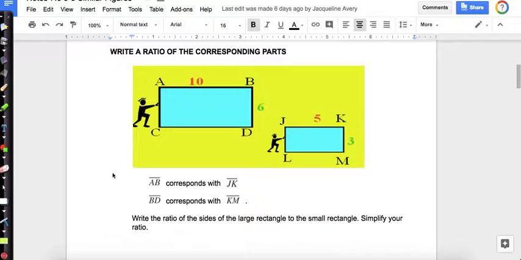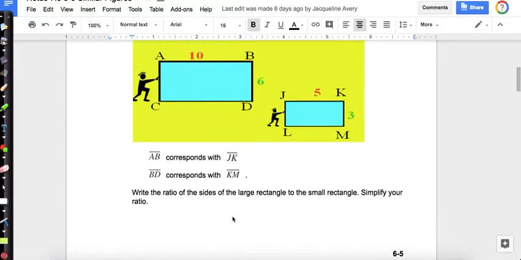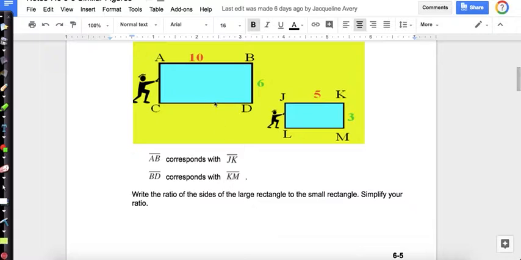This is the same rectangles as above, but now they have numbers. It says AB corresponds with JK and BD corresponds with KM. And it says write the ratio of the sides of the large rectangle to the small rectangle. When we write our ratio, we're going to put the large rectangle on top and the small rectangle value on the bottom.